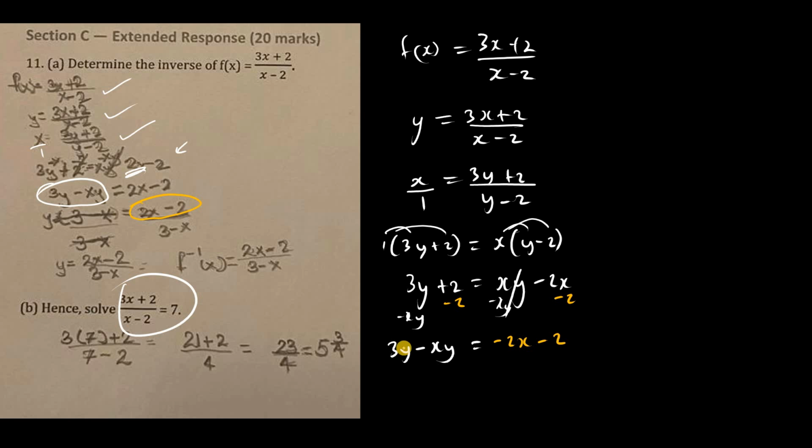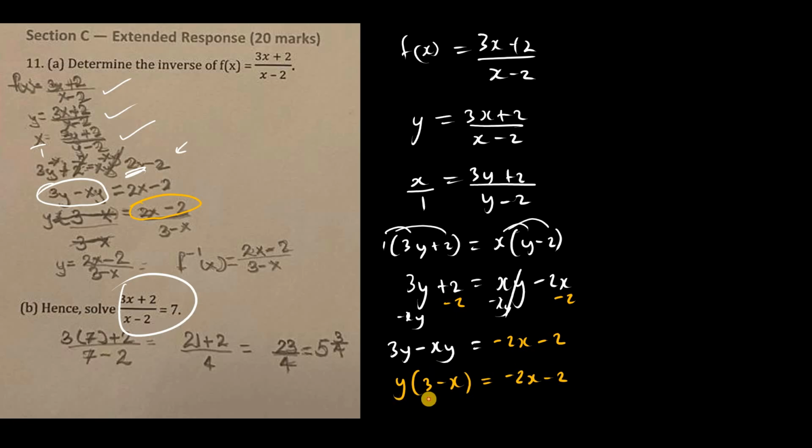Okay, so now let's factor out the y's, right? But don't scratch them out, since this is part of this step. But factoring out the y's, I just want to show you what we'll be left with, which is 3 minus x. Factor out the y, I have 3 minus x, which is equal to negative 2x minus 2.